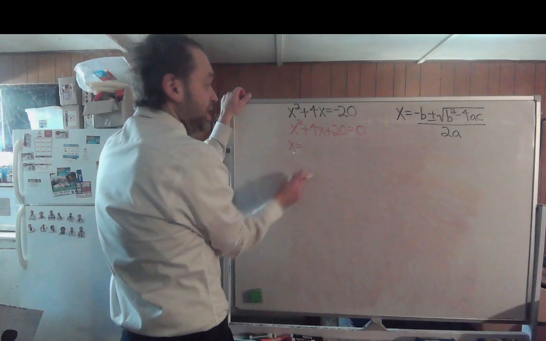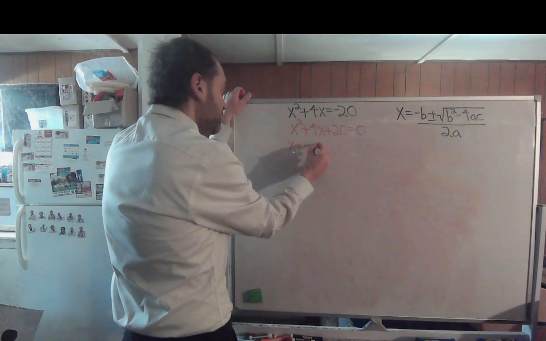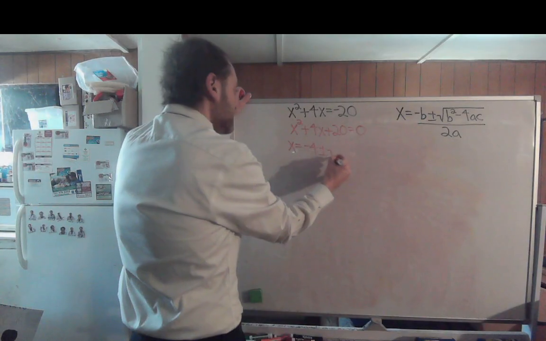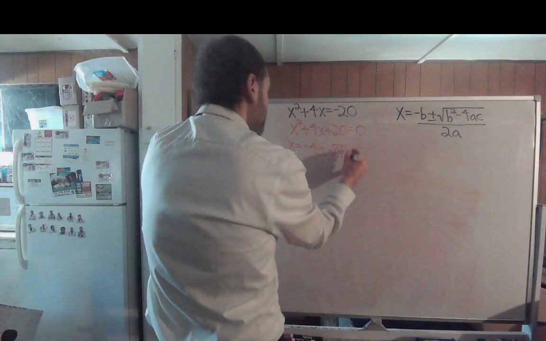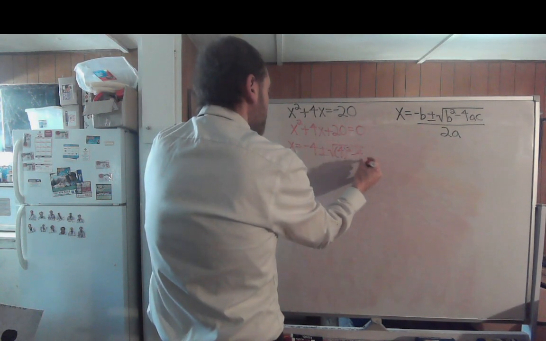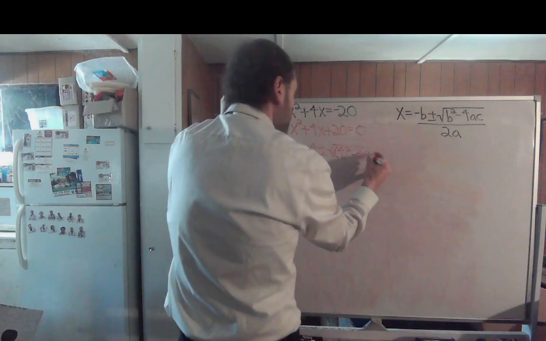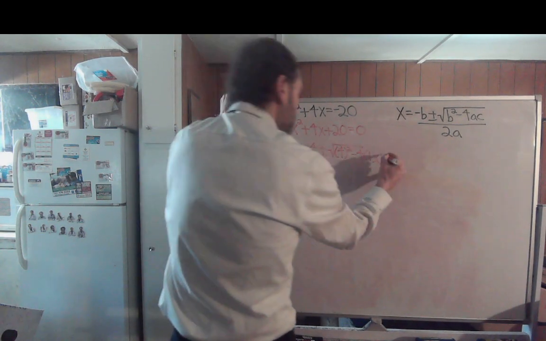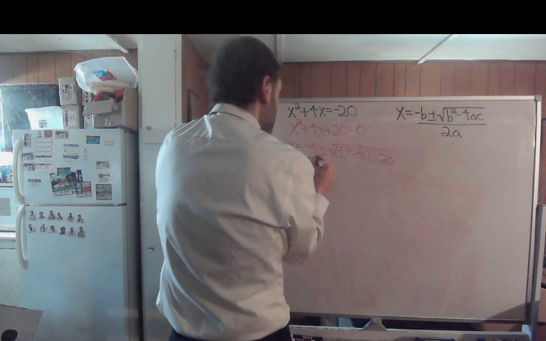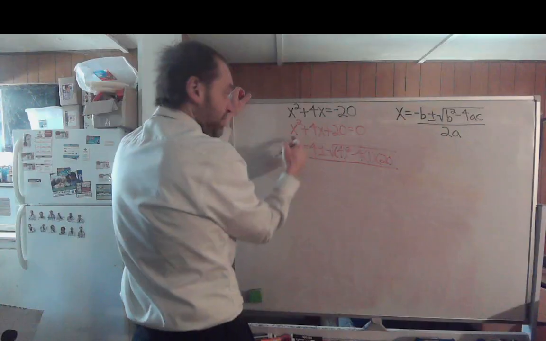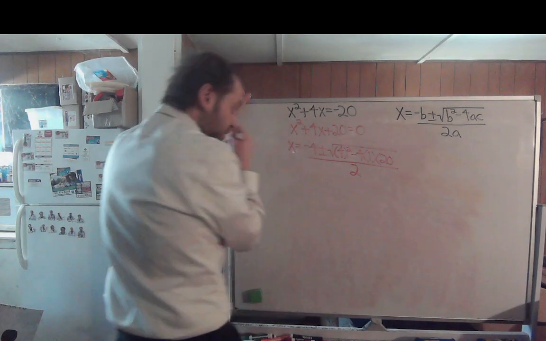x would equal the negative of b, which would be negative 4, plus and minus the square root of your b squared, so that'd be 4 squared, minus 4 times your a of 1 times your c of 20, all over 2 times your a of 1, which would just give you 2.